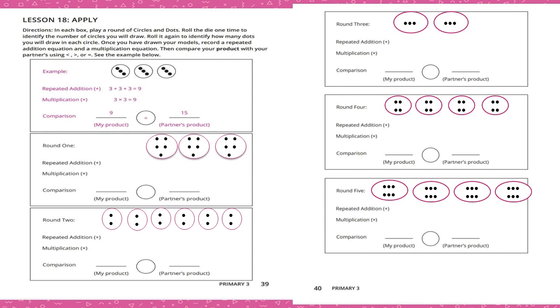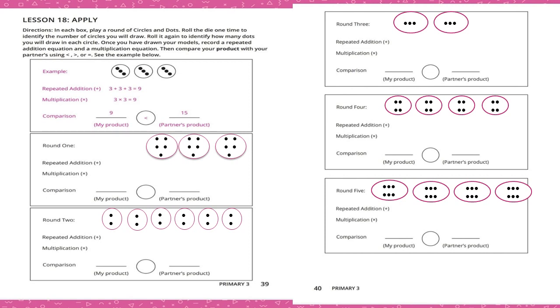In this model, we will roll the die twice. The first one, we make the circles, and the second, we make the dots in each circle. Number 1, we have 3 circles.